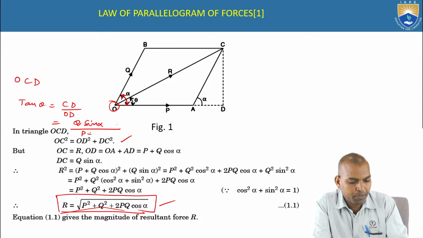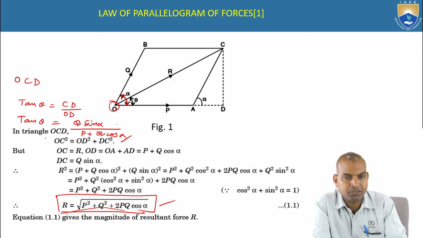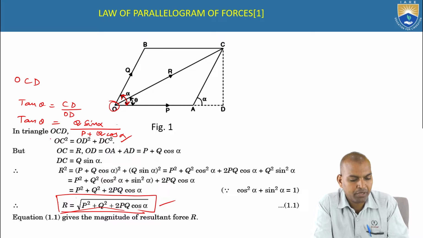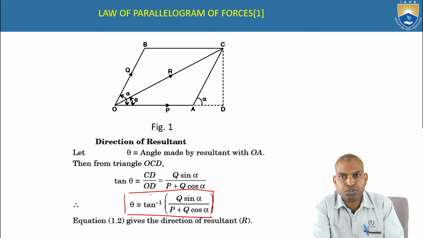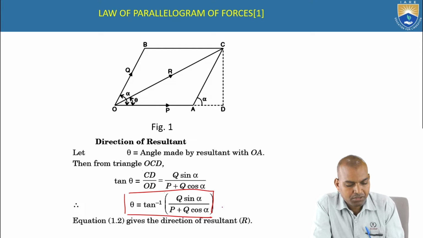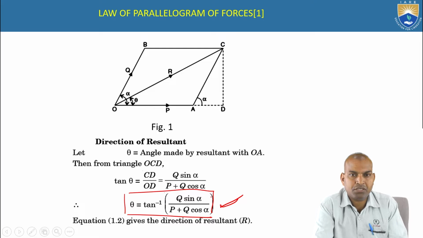OD equals P plus Q cos alpha. So tan theta equals Q sin alpha by P plus Q cos alpha. That is theta equals tan inverse of Q sin alpha by P plus Q cos alpha. This equation gives the direction of the resultant.